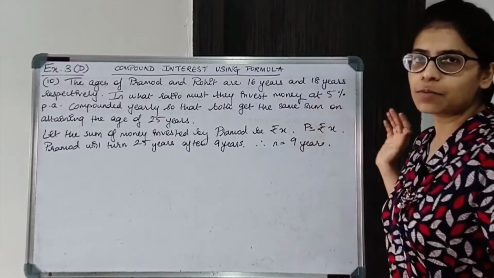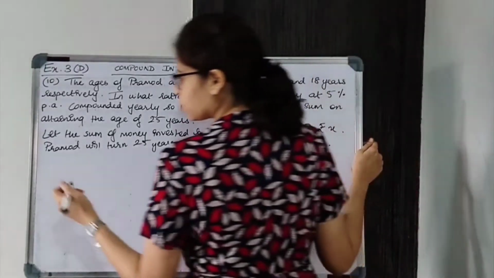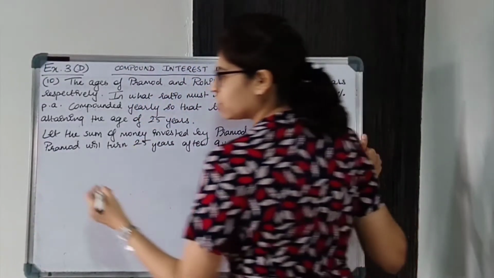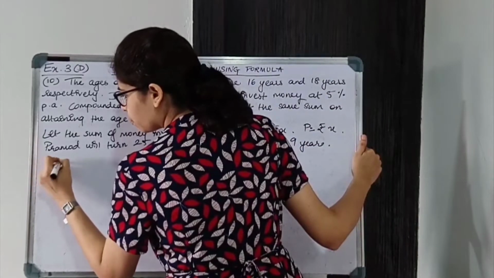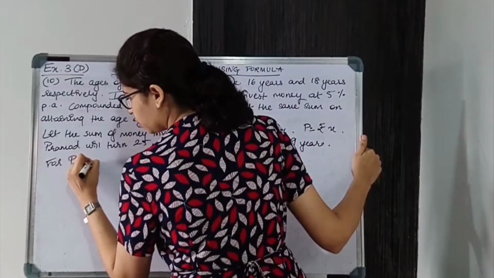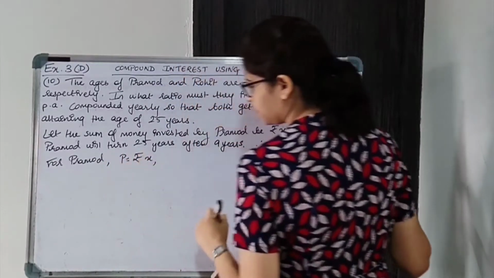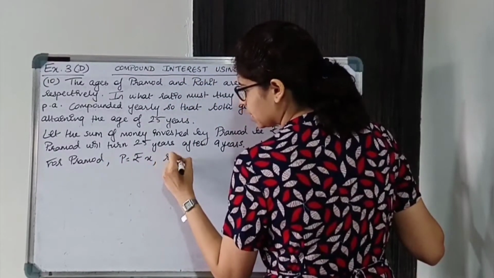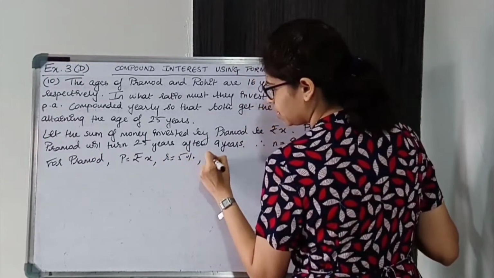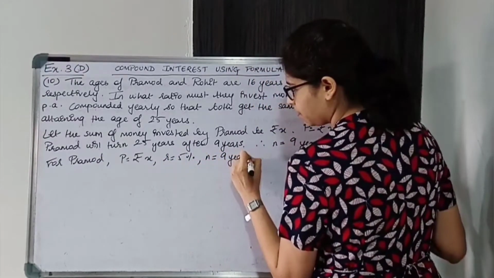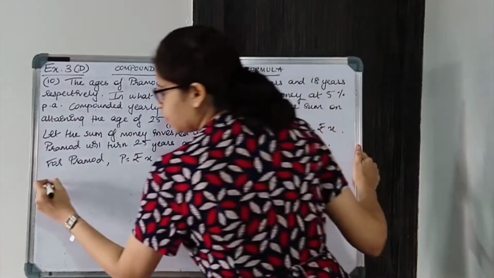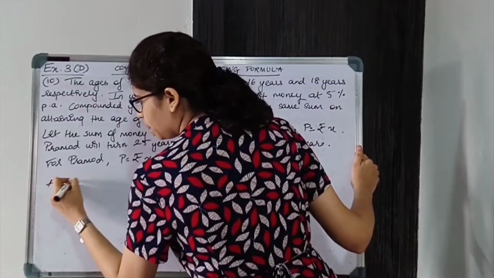The rate of interest is the same in both the cases. So now write down all the given information. For Pramod, principal is X rupees, R is 5%, N is 9 years. We need to find the amount AP.